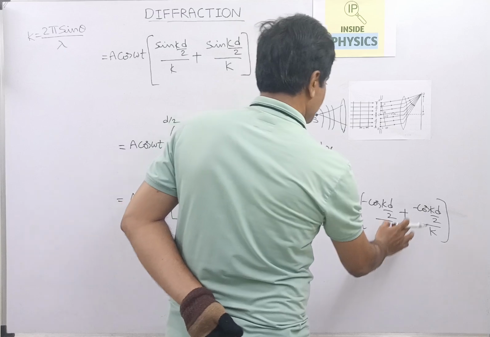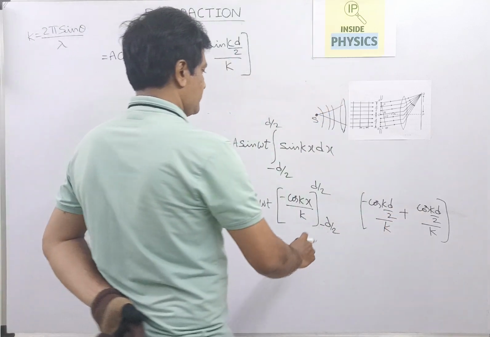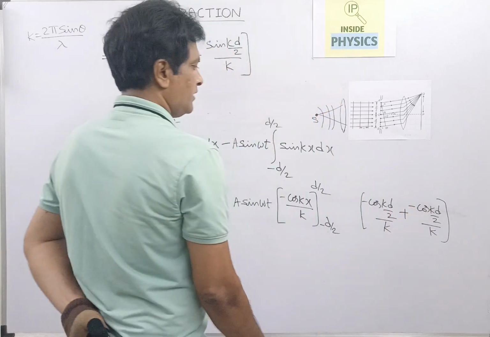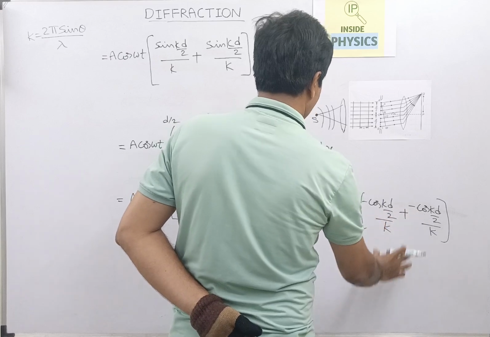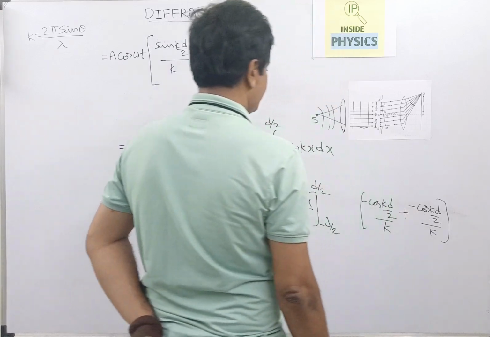So this minus we can remove, so minus minus will become plus. If you observe this, these two terms will get cancelled, so this will become 0.